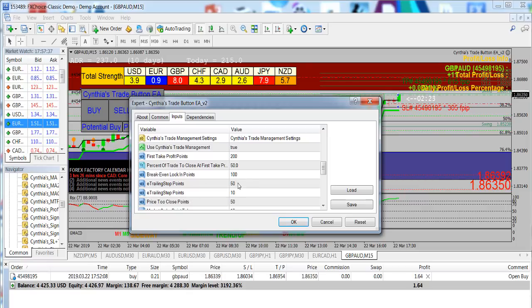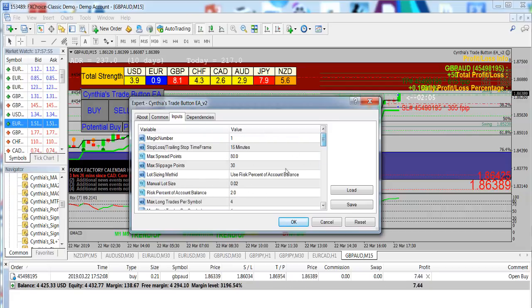So then for every 5 pips that this moves in our favor, it's going to move the stop loss 1 more pip to lock in 1 extra pip. So for every 5 pips it moves, it's going to lock in 1 more pip. So that's how it trails. So this trade is being managed right now with the scalp settings for this market order that I placed, and you can see we're in profit.